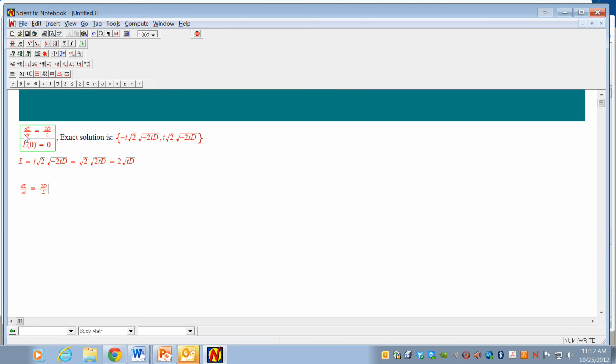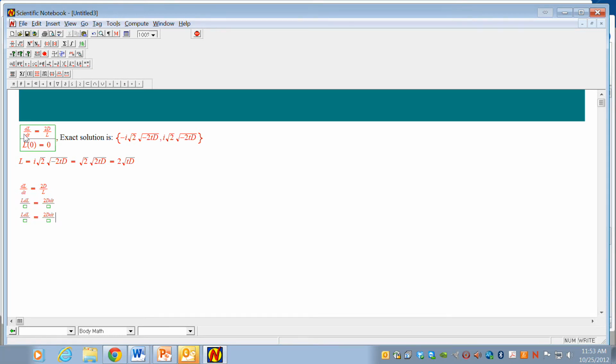So there's the equation, and we can separate it. The dependent variable is L, and the independent variable is t. So we have to get the variable L over on one side and the variable t on the other side. So we do it like that. 2 and D, those are constants, so they can be on either side.